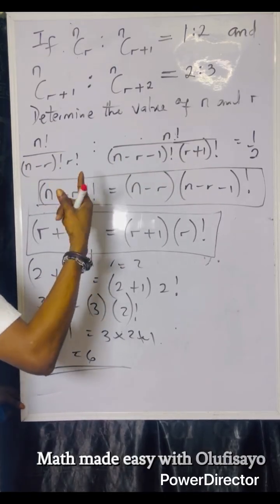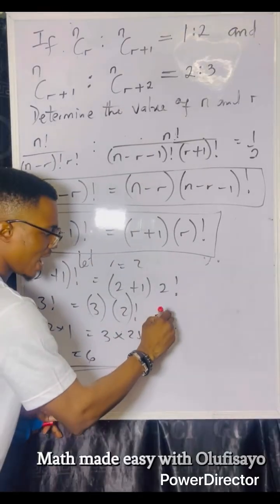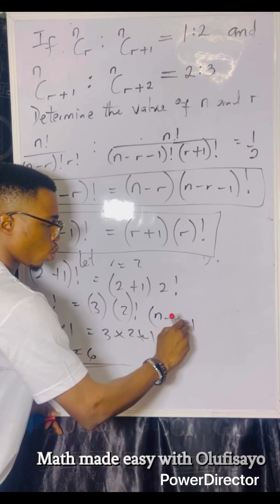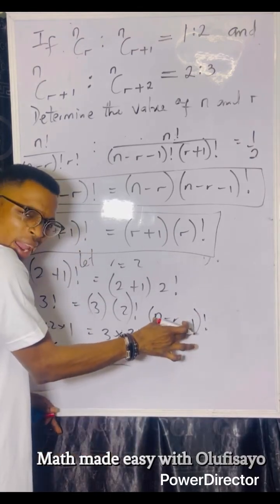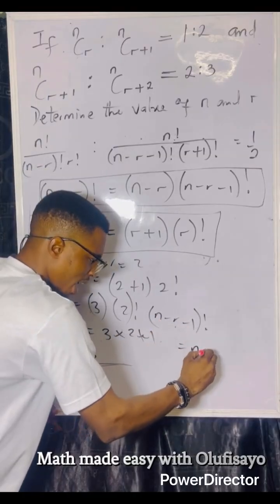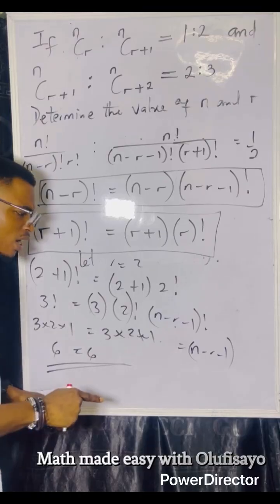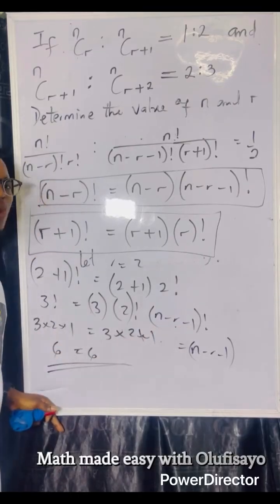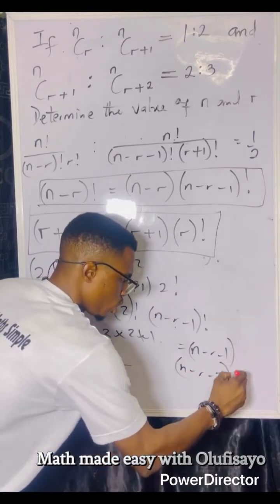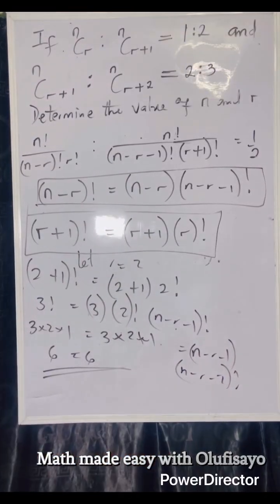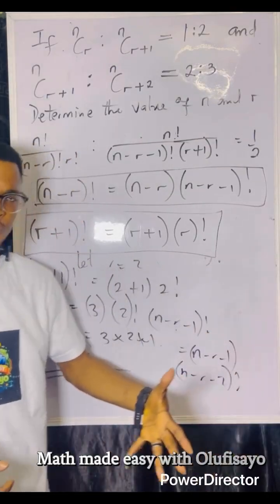The answer will be n minus r minus 1 factorial is the same thing as whatever we have in the bracket, n minus r minus 1, then we remove 1 from it. So minus 1 minus 1 will give us n minus r minus 2 factorial. Very, very simple. What we need to do is just remove 1 from the expression.